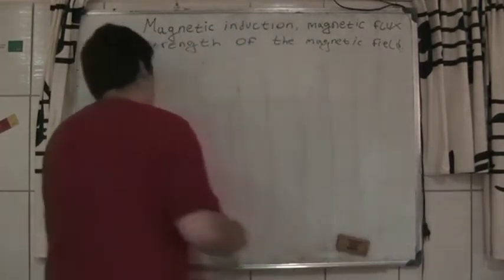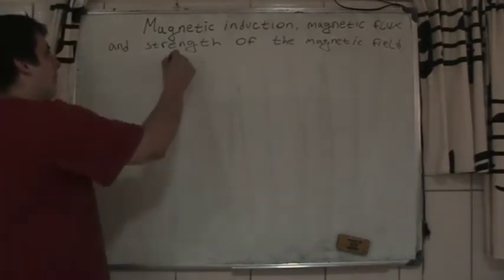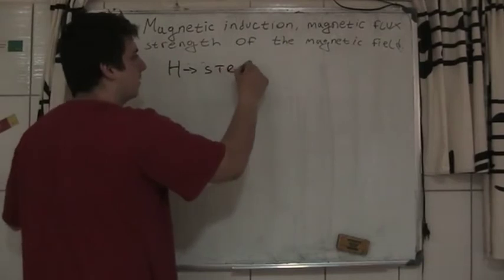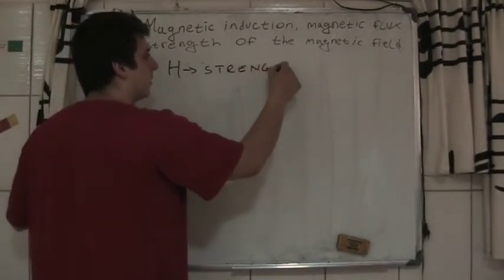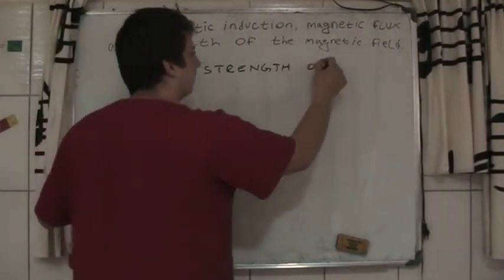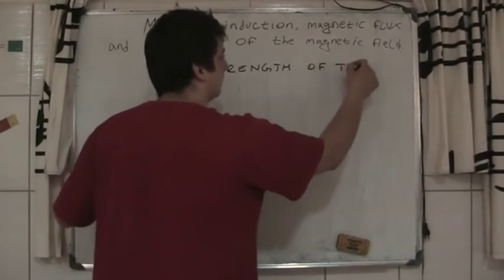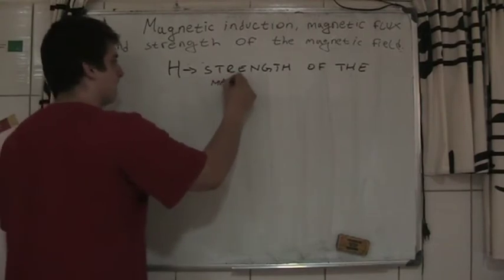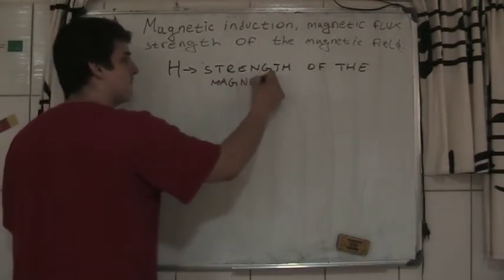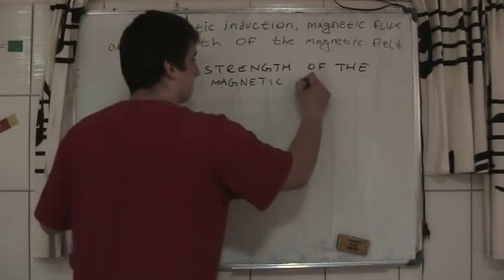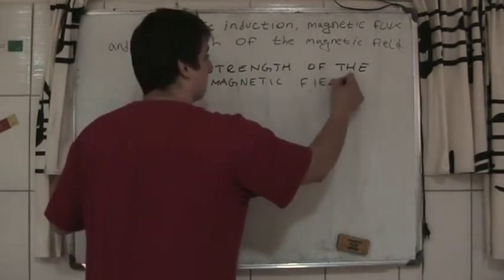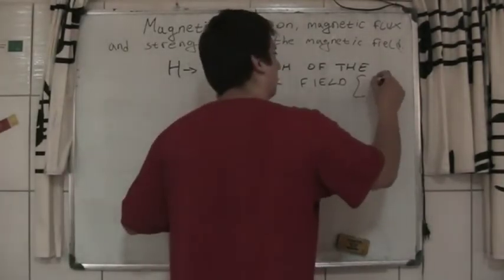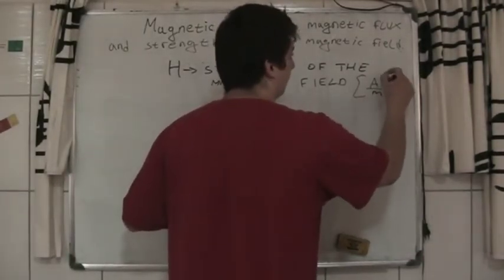Here you have the strength of the magnetic field, H. And it is measured in amperes per meter.